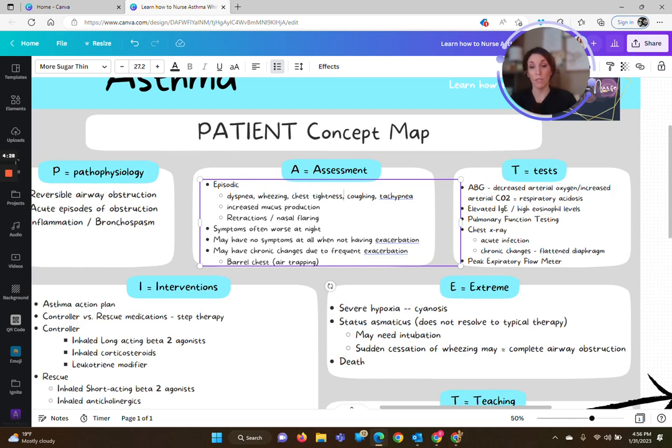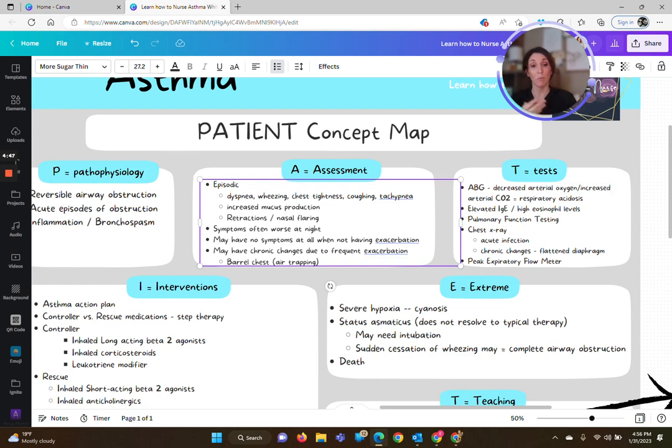They're going to have increased mucus production, so they may have a productive cough. And then they may have retractions, using those accessory muscles to breathe, and nasal flaring, especially in children and infants. These are some signs that they're in trouble, they're having some respiratory difficulty.